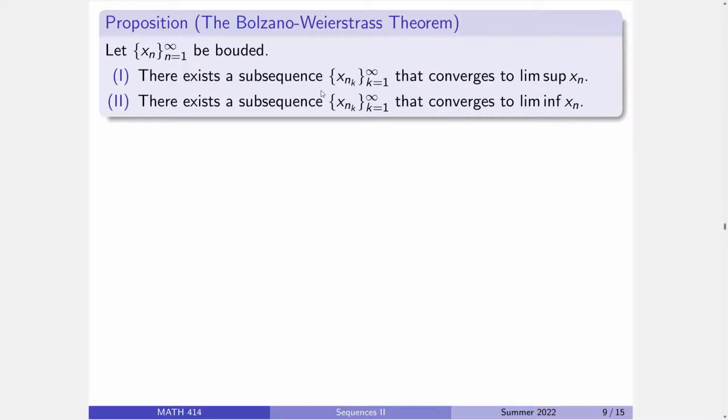It's not the most general version of the theorem. And the same is true for Bolzano-Weierstrass here. This is a version of the Bolzano-Weierstrass theorem. The more general one is a bit more broadly stated, but for our purposes, this is good enough.